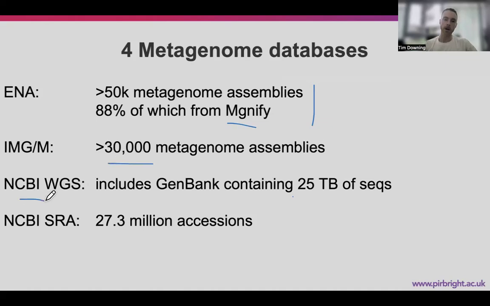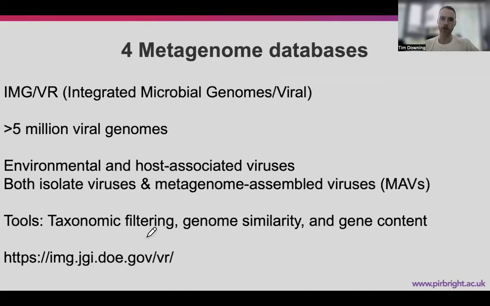The NCBI Genome Assembly Database has 25 terabytes of sequences, and that's why you often have to use the online version to search, because it's not really logical to download all of this info. And the SRA has over 23 million accessions, so that kind of gives you a sense of the diverse databases against which you could compare your metagenome of interest.